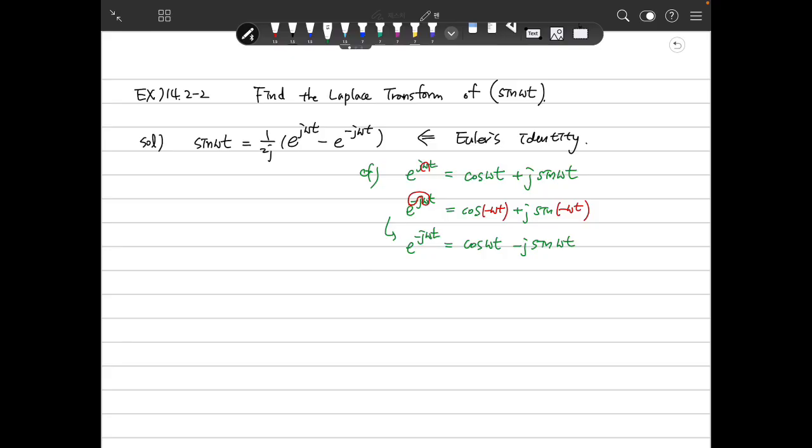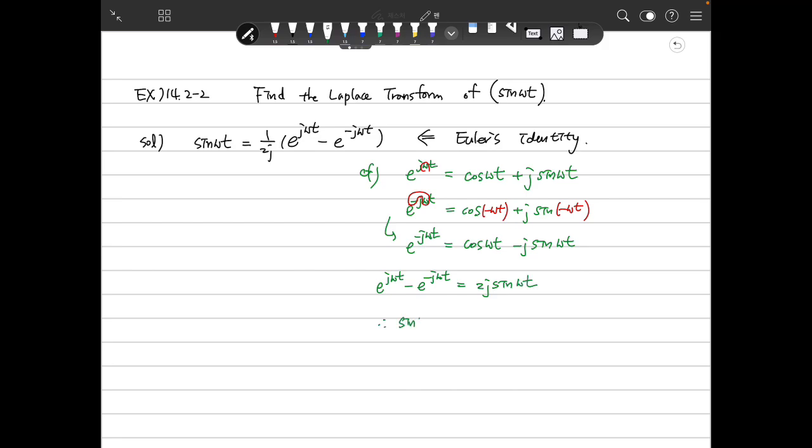Then we will calculate exponential j omega t minus exponential minus j omega t. Then that result is 2j sine omega t.